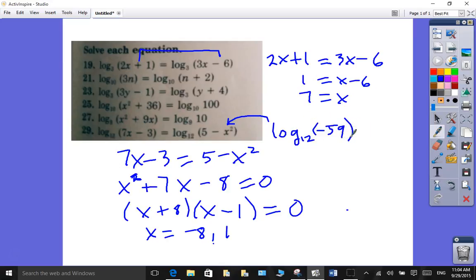And you can't take the logarithm of a negative number. So we would have to say that that one in particular is extraneous because it doesn't check.